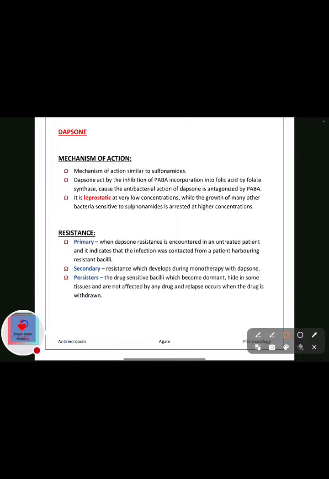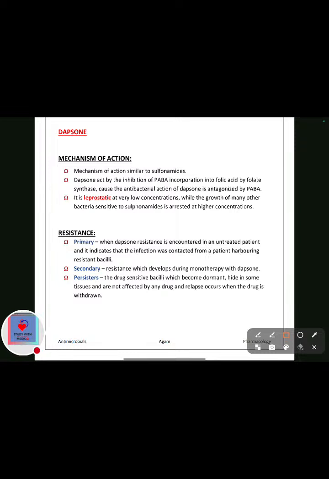So mechanism of action is similar to the mechanism of action is similar to sulfonamides. Mechanism of action is similar to sulfonamides.